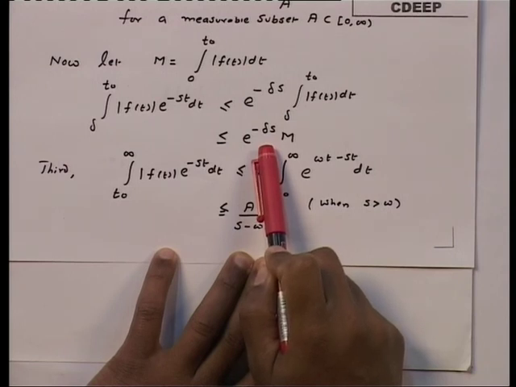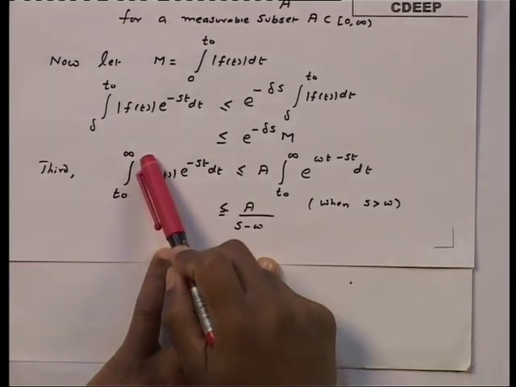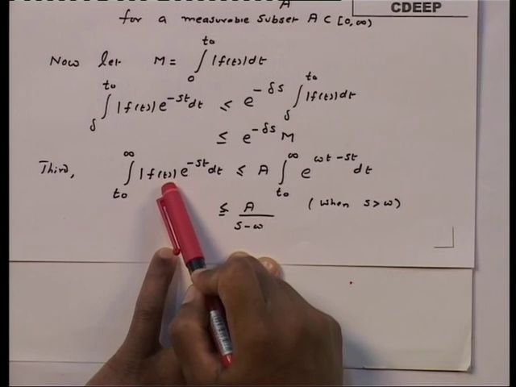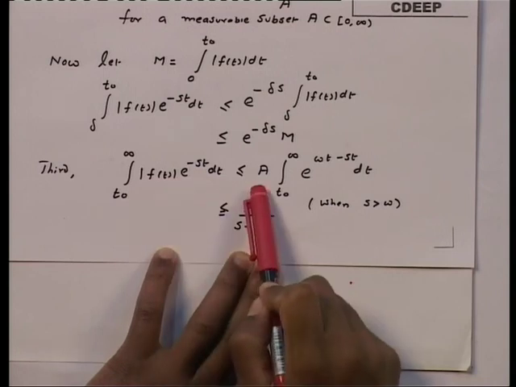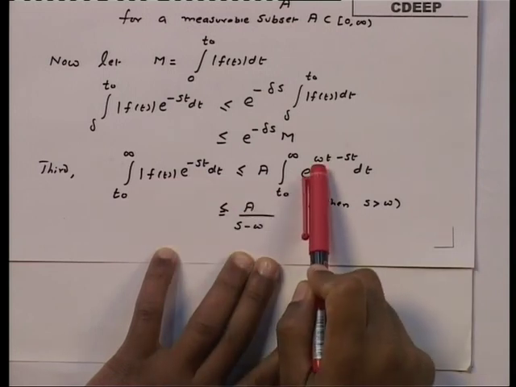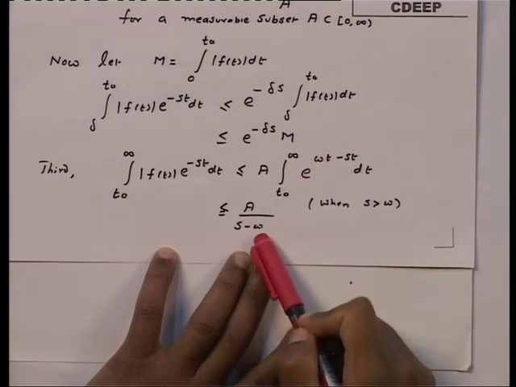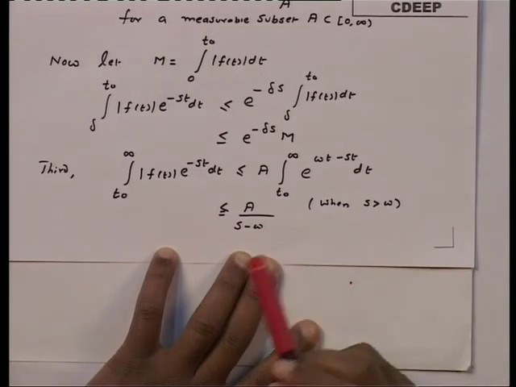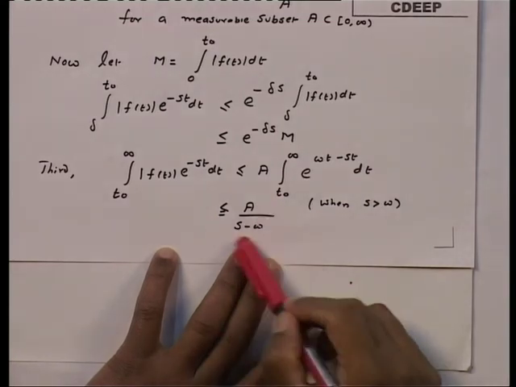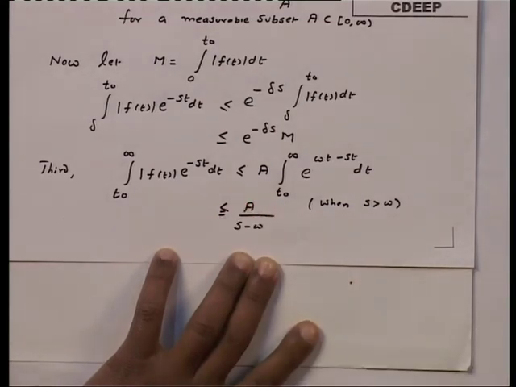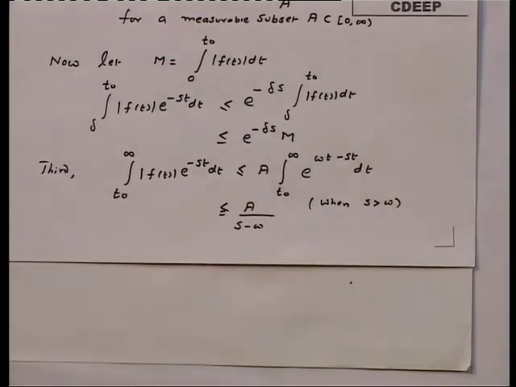What is the remaining piece? t naught to infinity. From t naught to infinity, use the fact that f is of exponential type, so it is less than or equal to A times e to the power omega t. You can actually calculate this integral and you get A upon s minus omega, and this goes to 0 as s goes to infinity. So the integral has been broken into 3 pieces: 0 to delta, where the contribution is less than epsilon by 3.